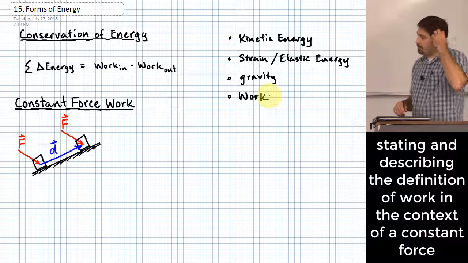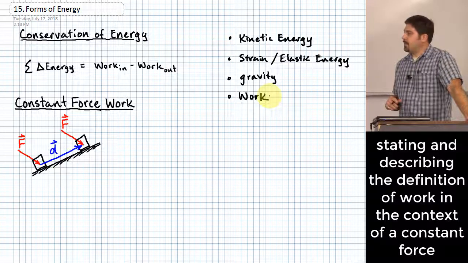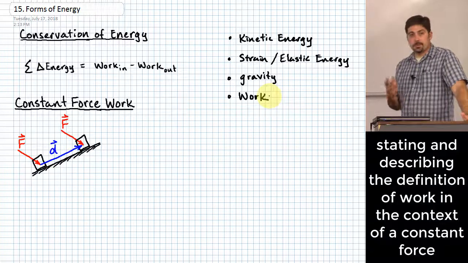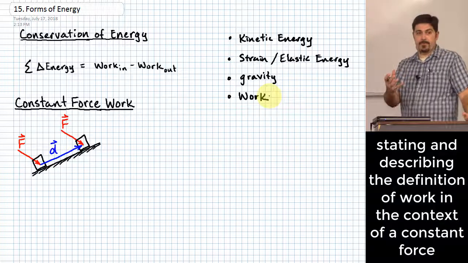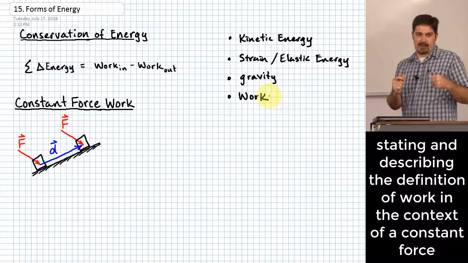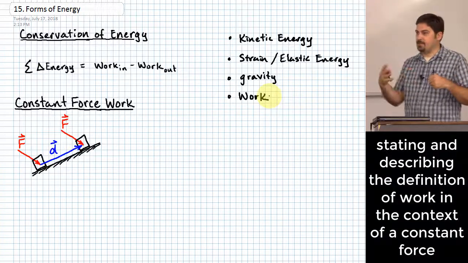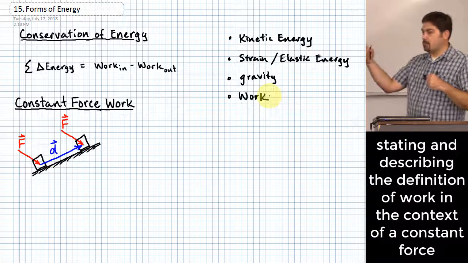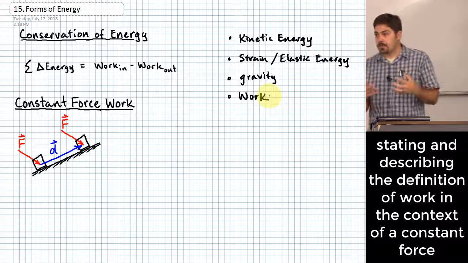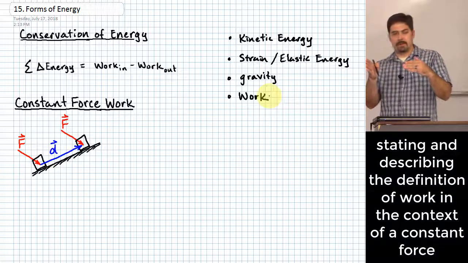The easiest way to think about it is if you have a constant force, that force ends up doing work if, as it pushes, there is a movement that happens, and there's at least a component of the movement that happens in the direction of the force. So to the degree that the force direction matches the motion direction, you have more energy transfer.